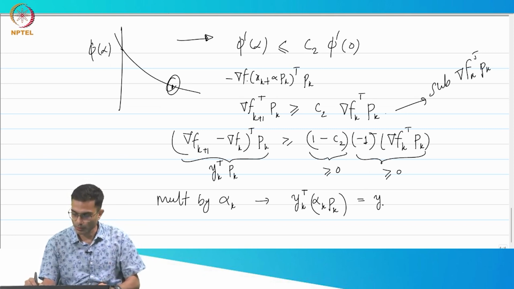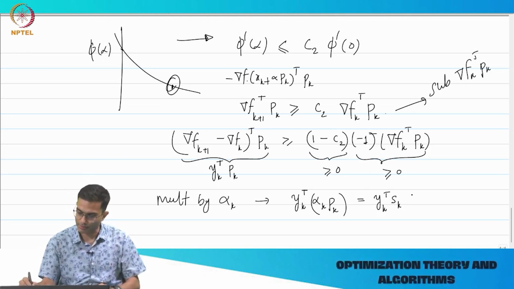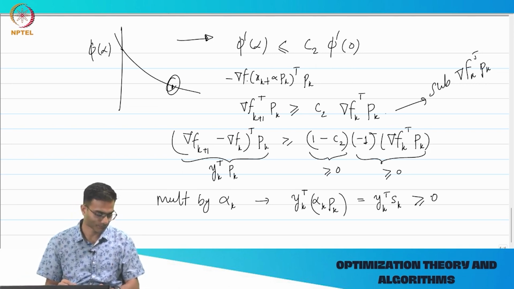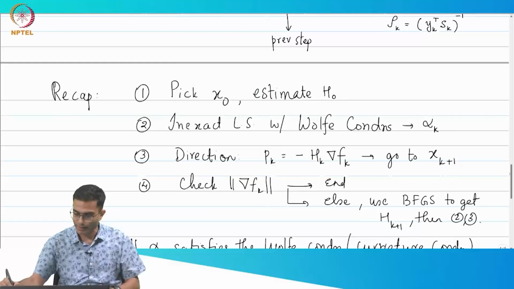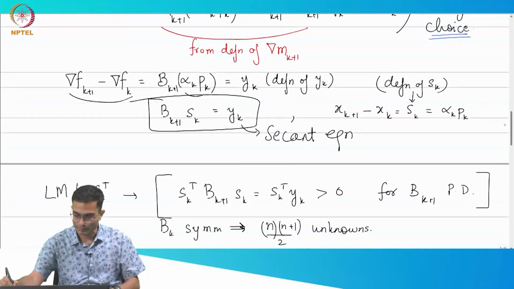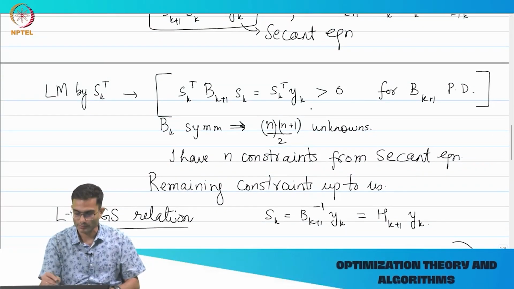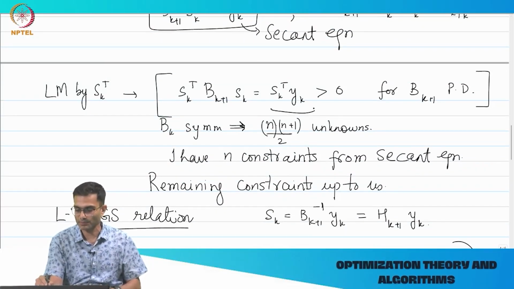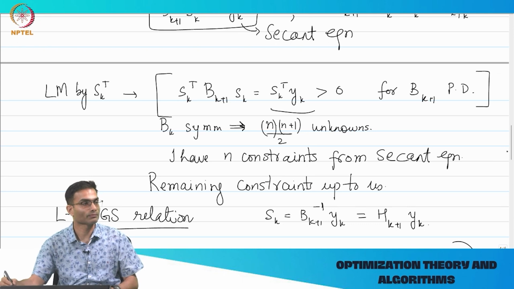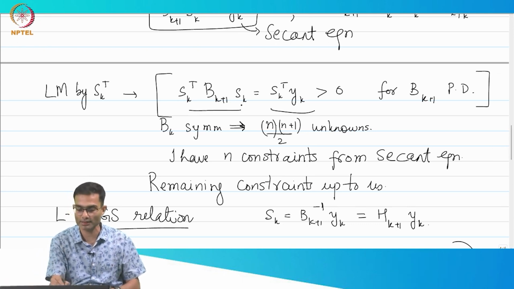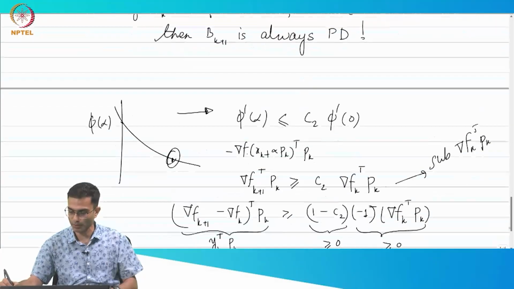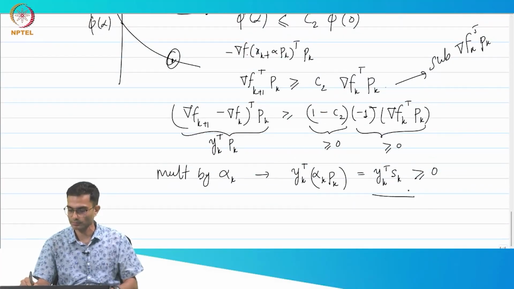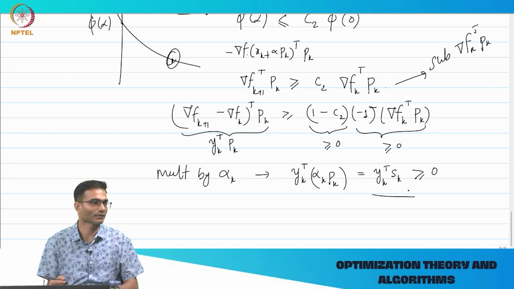So this is yk transpose sk, and we have seen that this is greater than or equal to 0. Now, if you look back at what we had said, sk transpose yk should be greater than 0, then this is going to be positive definite. Yk transpose sk is the same thing, right?